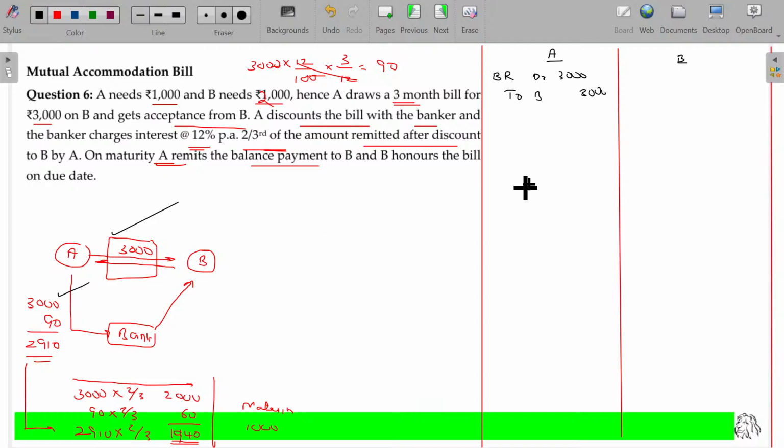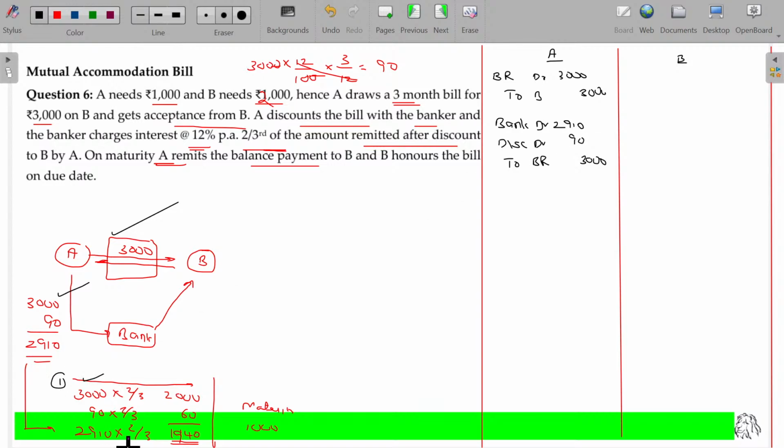This bill got discounted with the banker, so bank account debit, discount account debit to bills receivable account 3000, 2910 and 90.